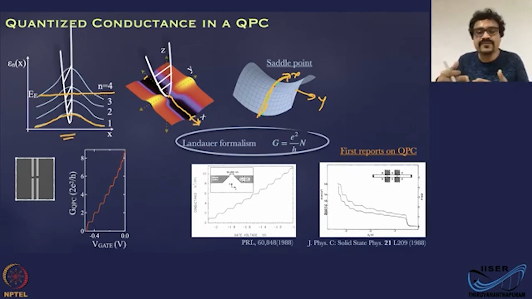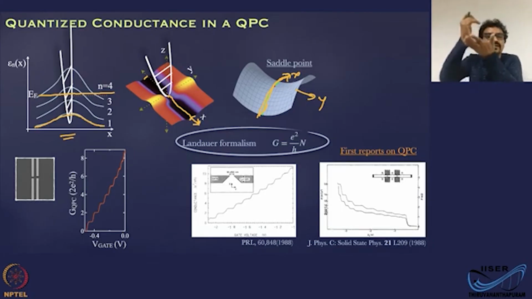When I say increase, I mean when you make the gate voltage negative, you will push the parabola up and the levels will escape one by one. So you will have fewer and fewer levels or channels for transport.